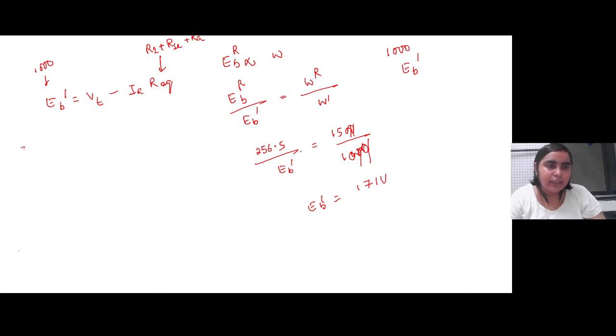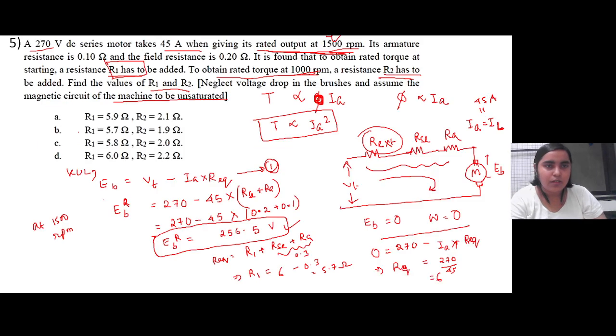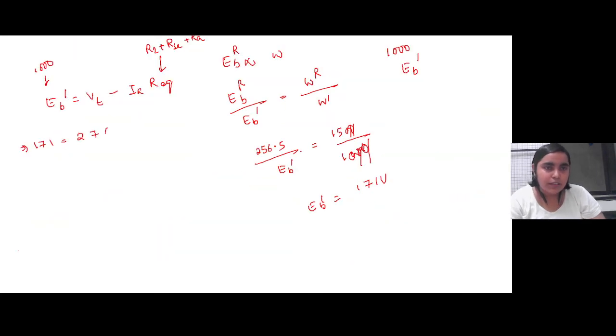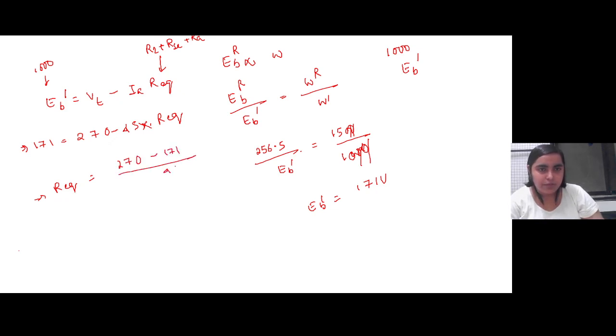So we can write 171 equal to 270 minus 45 into R equivalent. So R equivalent is equal to 270 minus 171 by 45.